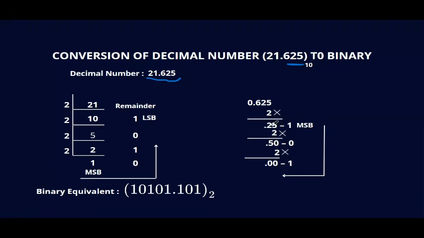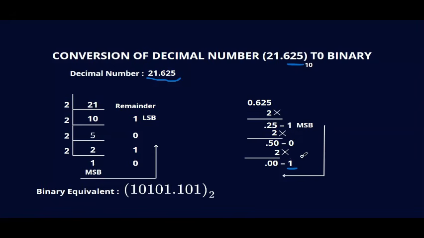We again multiply the fractional part of the product by 2, and we get 0.50. In this case, the integer is 0, and we again multiply this 0.50 by 2. So the product obtained is 1, because 0.5 into 2 is 1, and we take that 1 to the right-hand side.